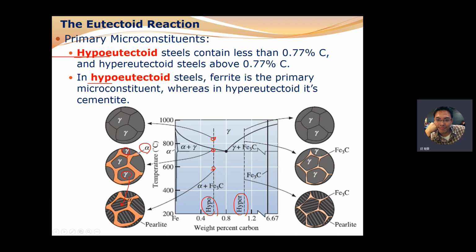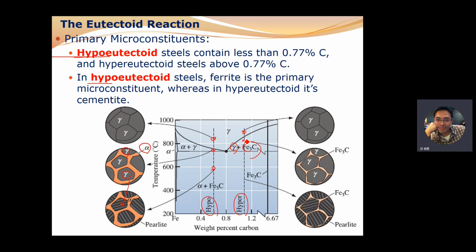So let's look at the hyper-eutectoid. Initially it's the gamma phase, right? And we're cooling down to the two phase region that consists of the austenite and the cementite.